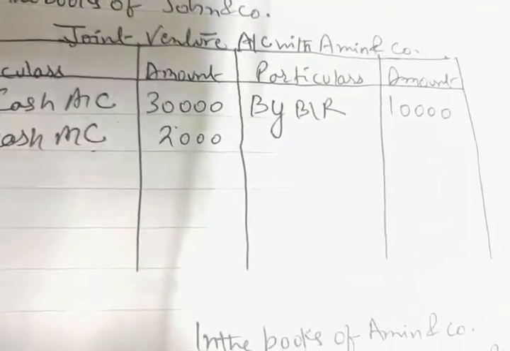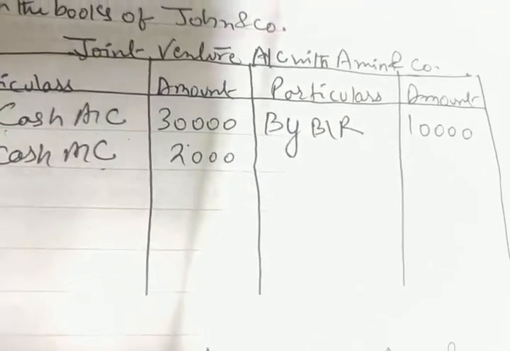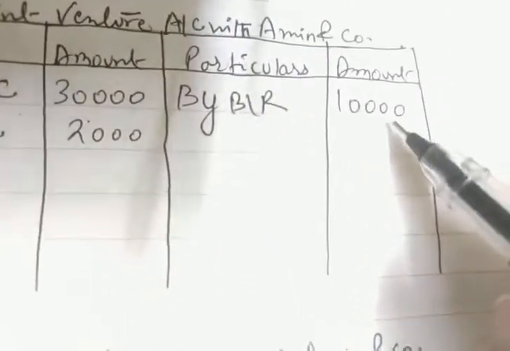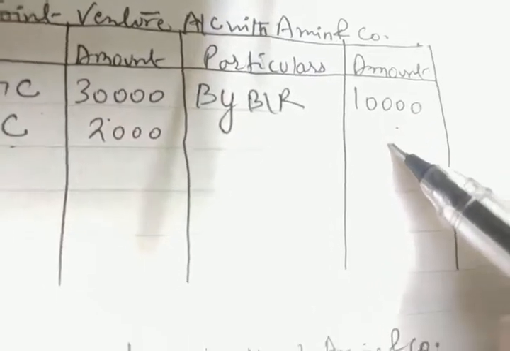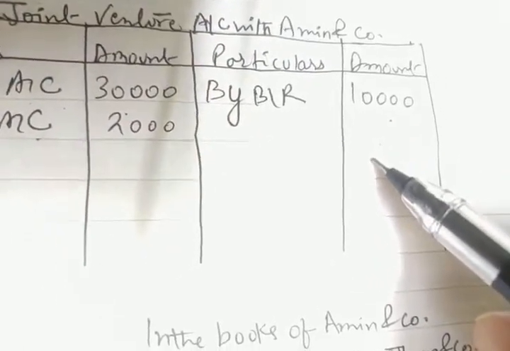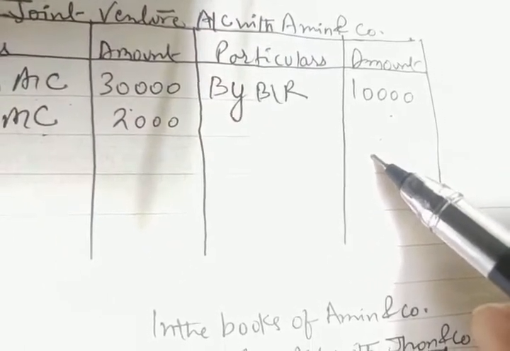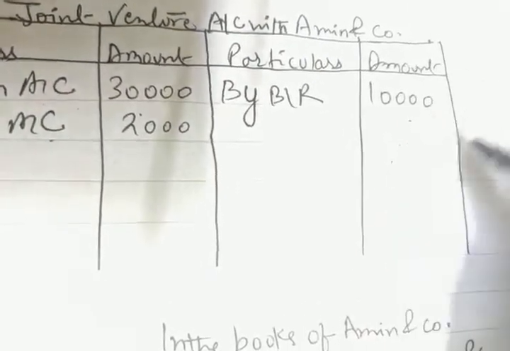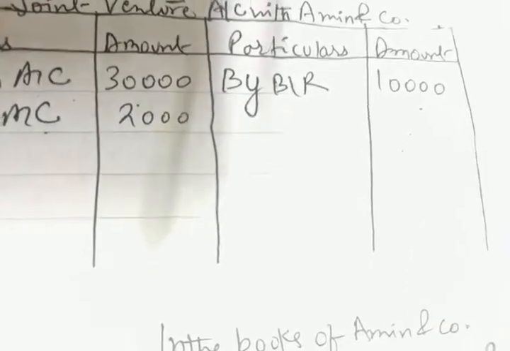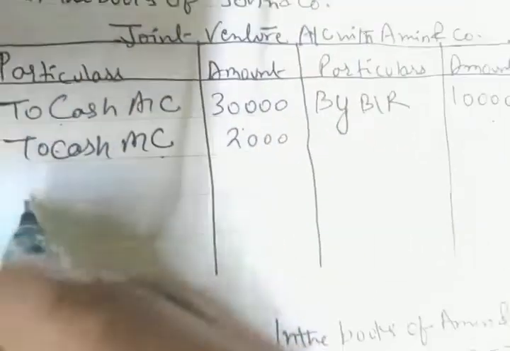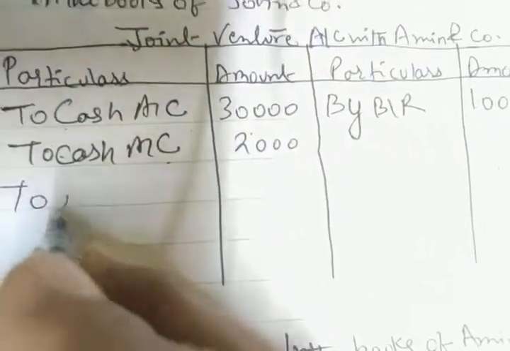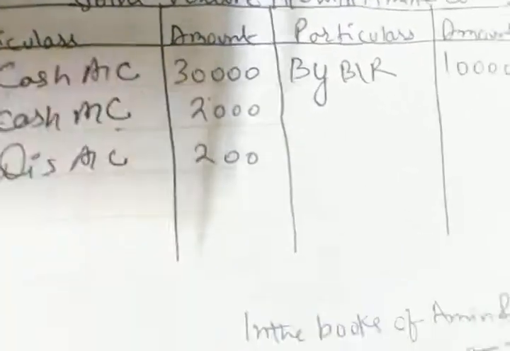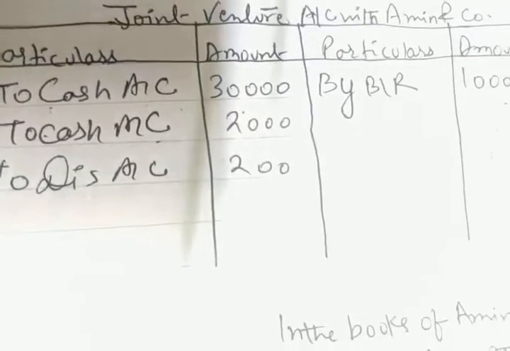Then further information: the bill was discounted for rupees 9,800. That means the face value of the bill was 10,000, but they are ready to accept 9,800 rupees for 10,000. That means 200 is the discount, which is again an expense. So write here discount account, 200, which is 10,000 minus 9,800.